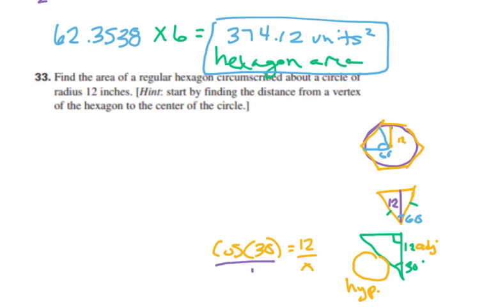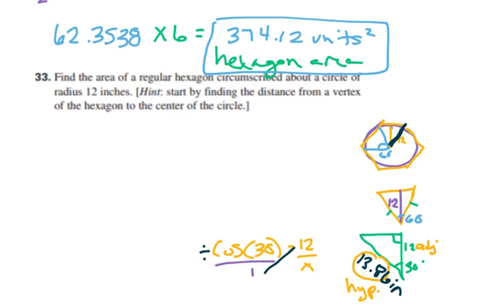If we make that into a proportion, that means we do 12 times 1 divided by cosine of 30 in degree mode. And so our side length here becomes 13.86.